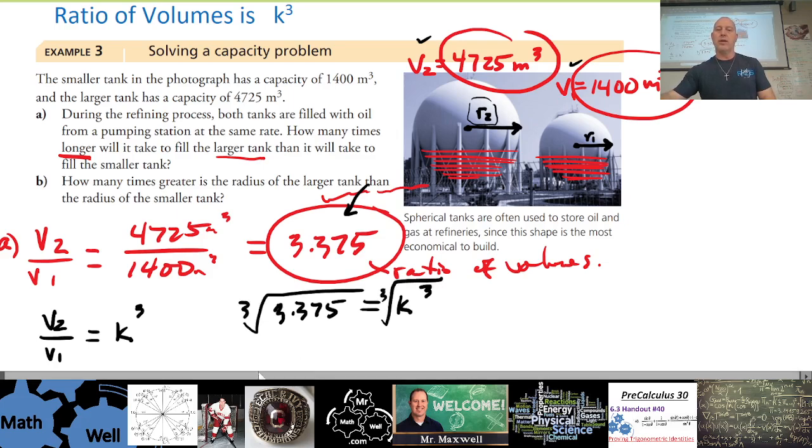That's really what we're doing here. So k is our scale factor, which will give us the ratio of the two radii. And what is this for a number now? 1.5. Is it just 1.5 even? I think that's right. Okay, very good. So that being the scale factor means that the larger radius is not 3.375 times as big, but 1.5 times as large.